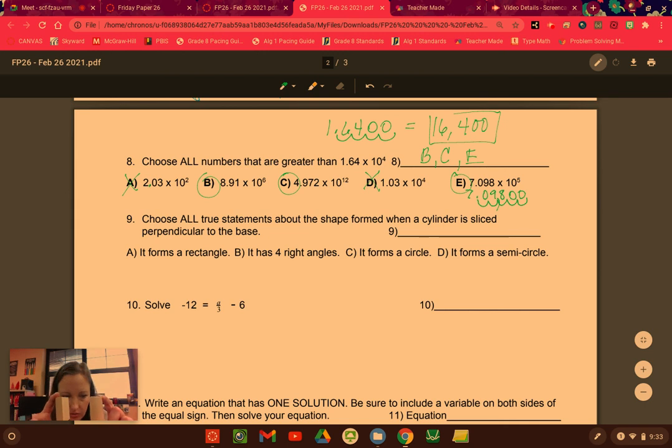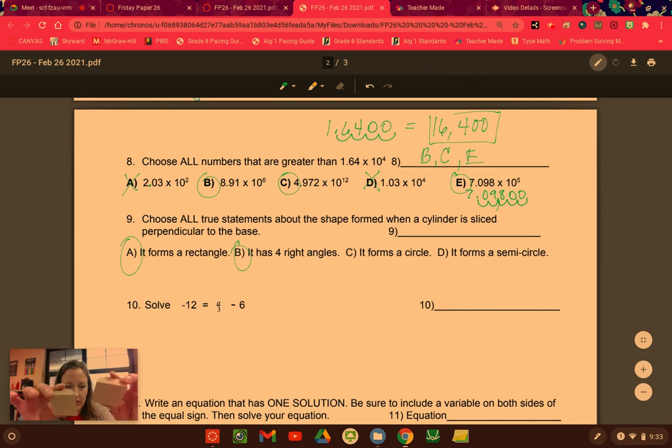Okay, there we go. And so let's choose the things that are true. Did it form a rectangle? Yes. So I'm going to select A for sure. B, it has 4 right angles. Yes. Okay.